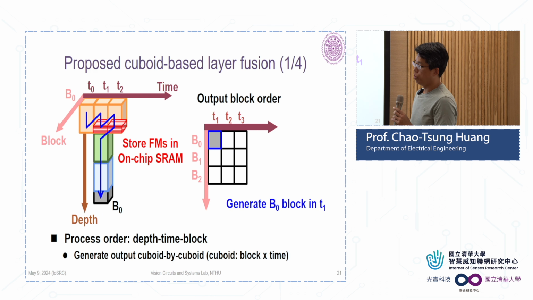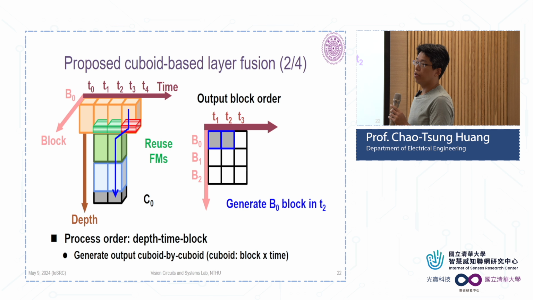So we propose to do the layer fusion in a cuboid-based way. It means that for this block, we will move in the time direction first. In this case, we can reuse the feature maps generated here and also the input bandwidth here.